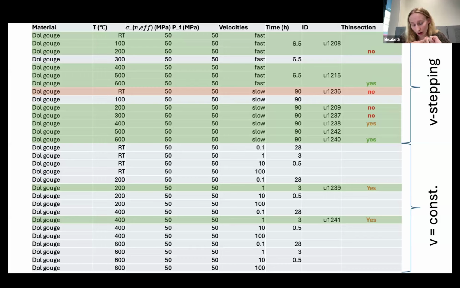I just did two constant velocity experiments, but I also want to do more, because in that case I isolate a specific temperature and velocity and can link certain microstructural, microphysical processes just to those conditions.